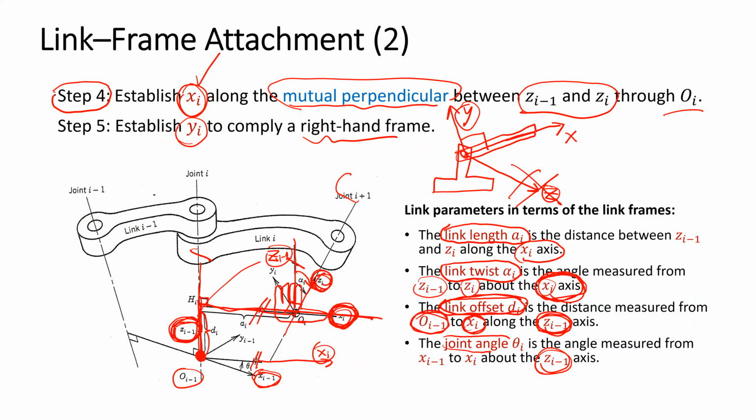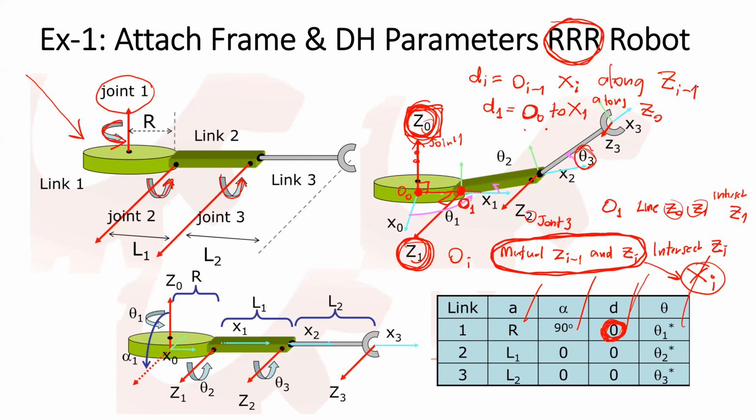Xi is the direction of the mutual perpendicular between Z(i-1) and Zi, and it needs to pass through the origin of the frame. So the mutual perpendicular is here, and it passes through the origin. So this is X1.